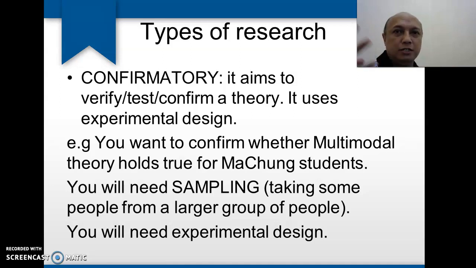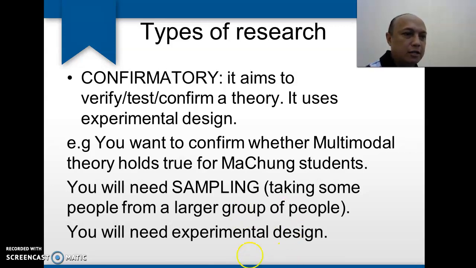The act of taking the sample from the population is called sampling. It's the act of finding a small number of people from the population to which they belong. But again, we are going to study sampling in a later chapter.